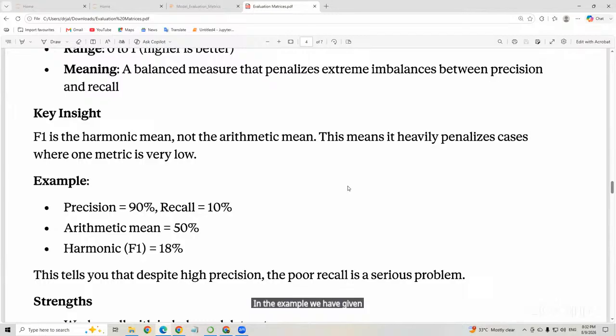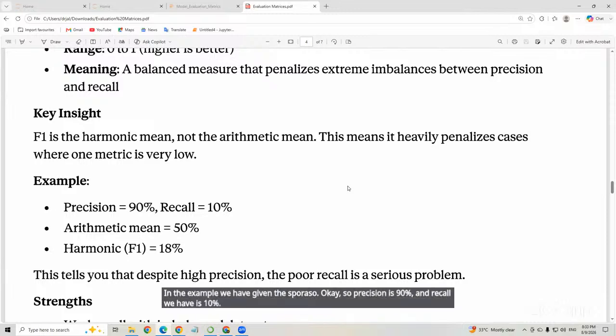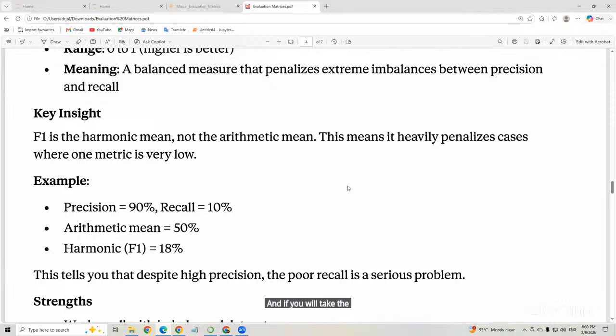Precision is 90% and recall is 10%. If you take the arithmetic mean, that is 50%, and the harmonic mean is 18%. Why? Because F1 strongly penalizes the situation where one of precision or recall is very low.